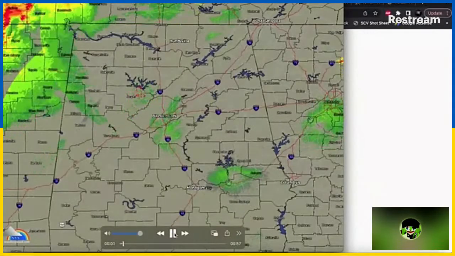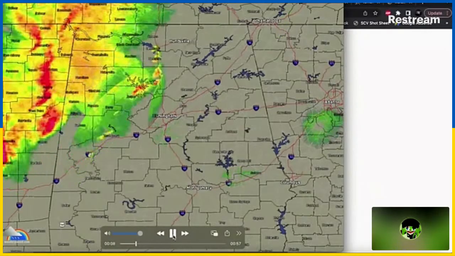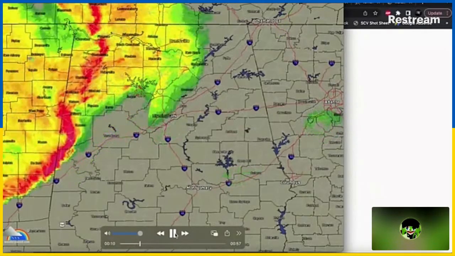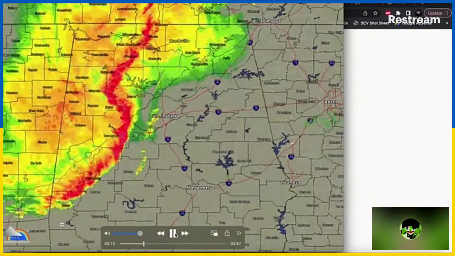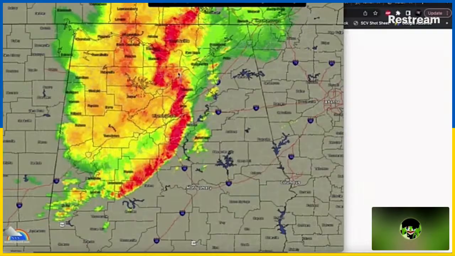We'll go through time here, and you can see we go forward here. This QLCS is going to really make its way into Mississippi and Alabama. Very, very strong. You can see a very strong vortex there start to wrap up just to the south of the Huntsville area there, and this produced tornadic activity, and there was lots of tornadic activity on the line.